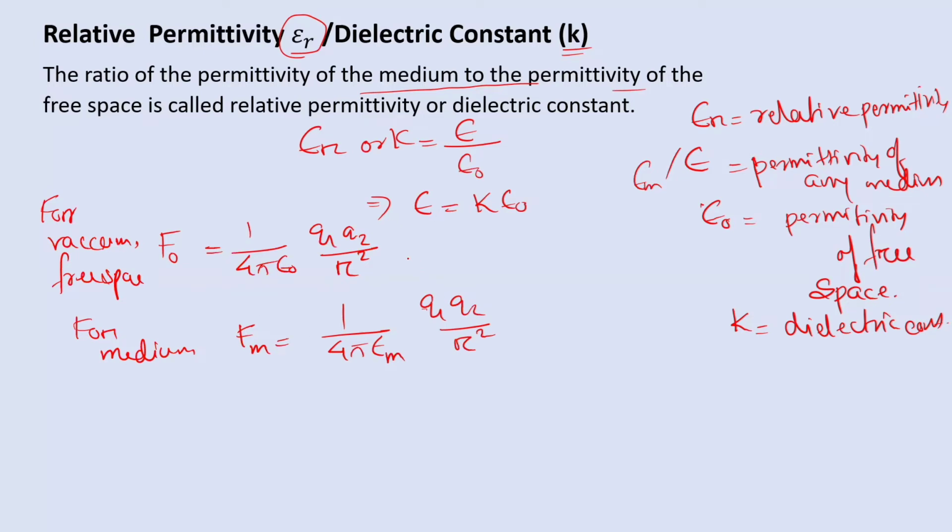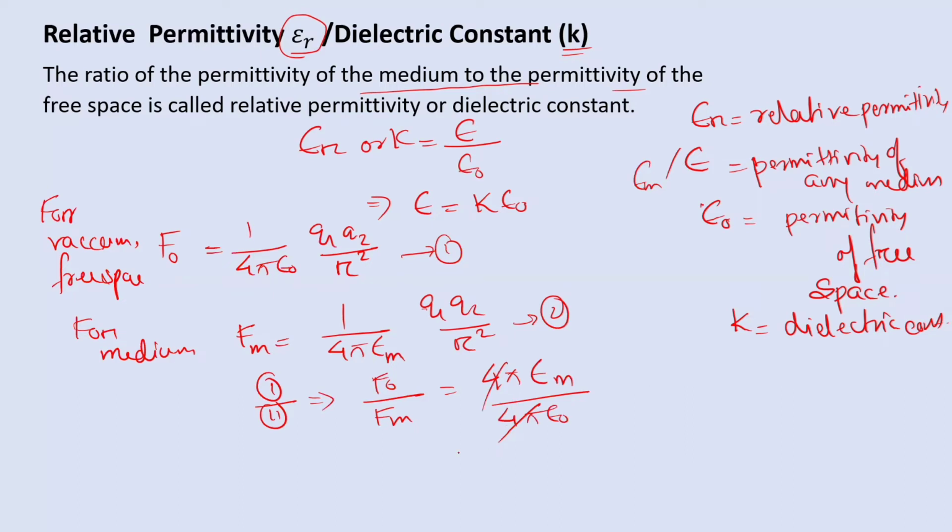Now if you take this to be equation 1 and this to be equation 2, then equation 1 by 2 will give you F naught by Fm. Obviously these terms will get cancelled, and in the numerator you have 4 pi epsilon m, and in the denominator 4 pi epsilon naught. This will get cancelled, and you will finally have F naught by Fm equals epsilon m by epsilon naught.